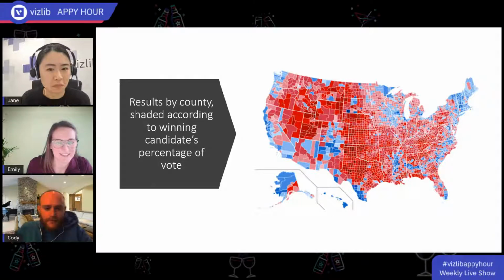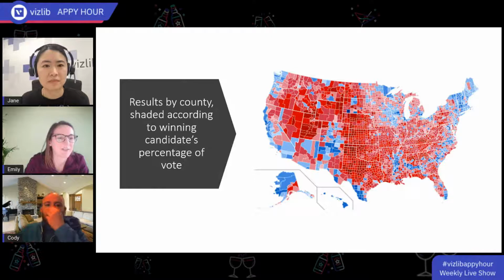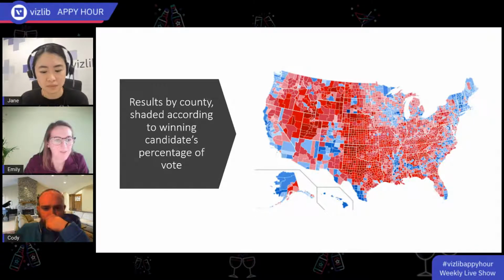Okay. All right. So my sneaky data example has to do with elections in the United States. I think we're all used to seeing maps of the United States colored by different political parties and using that to represent the quote unquote winning party.